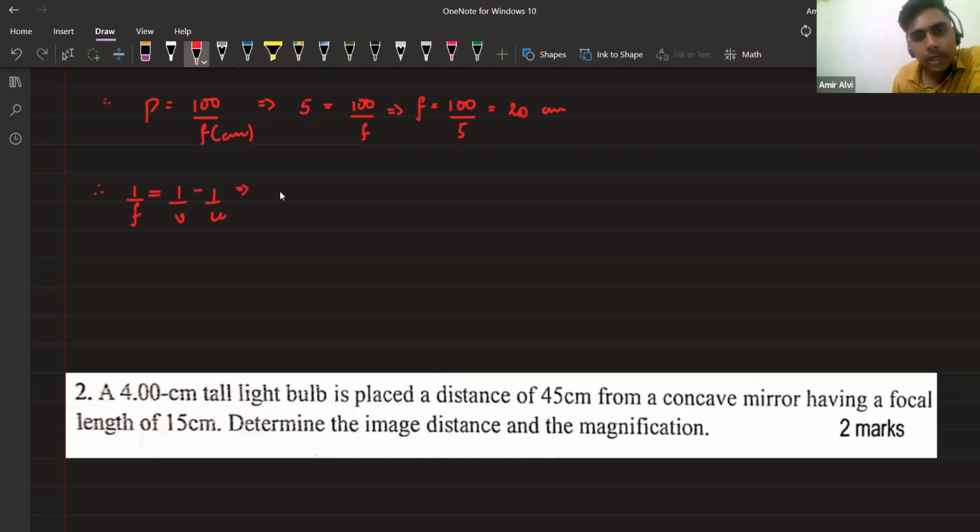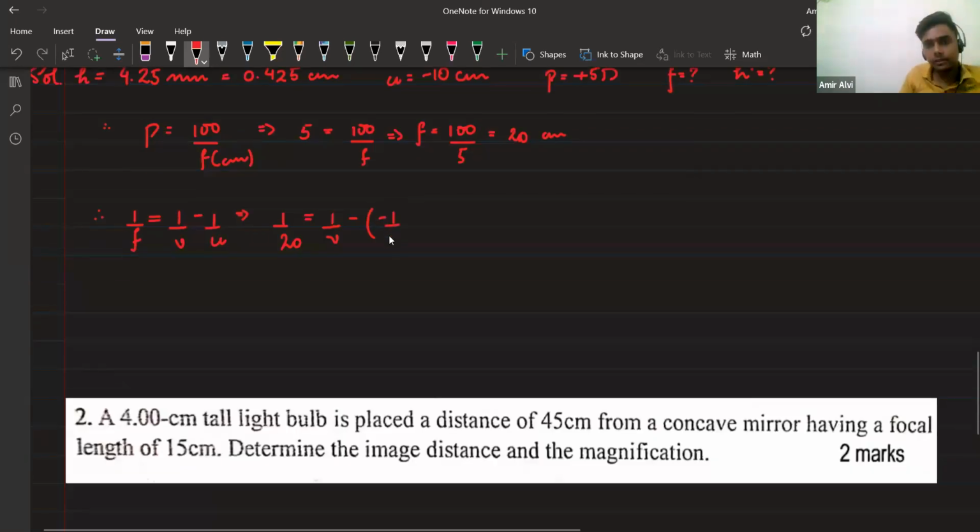Okay. So 1 by f is given to you, that is 1 by 20. 1 by v we need to calculate, minus of minus 1 by 10. It's 10. Yeah. So it is 1 by 20 is equals to 1 by v plus 1 by 10.